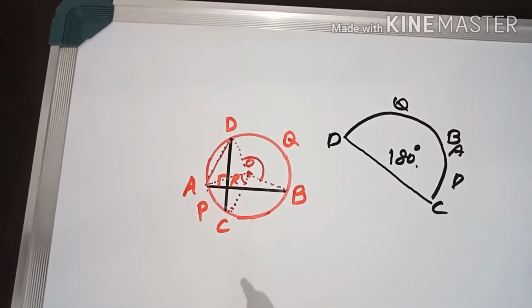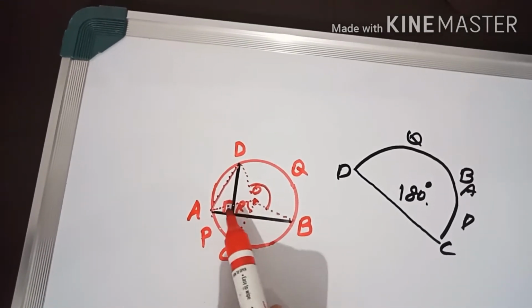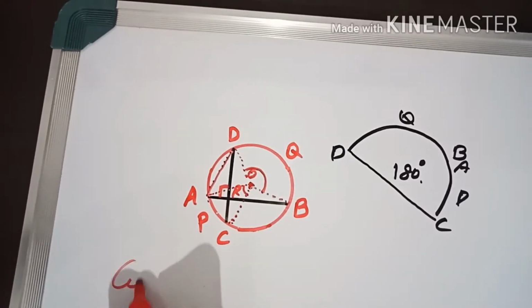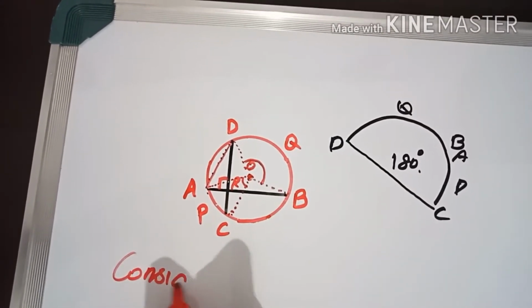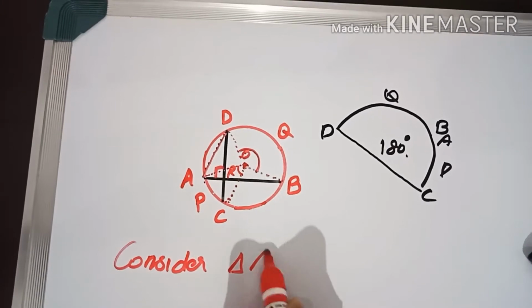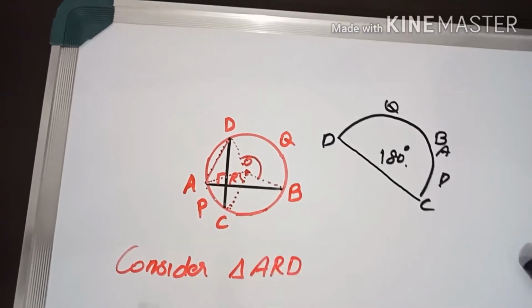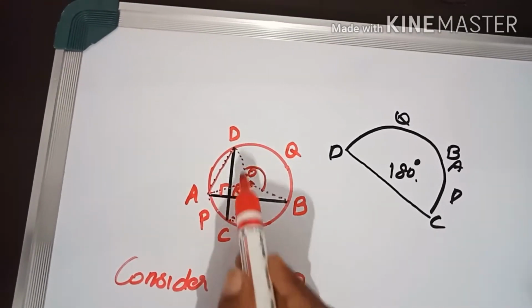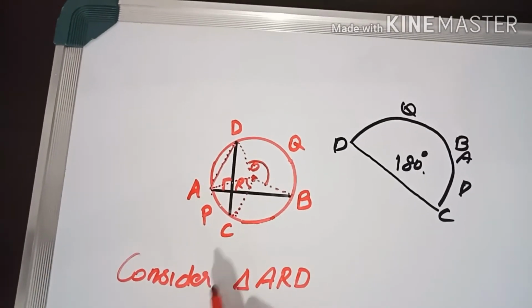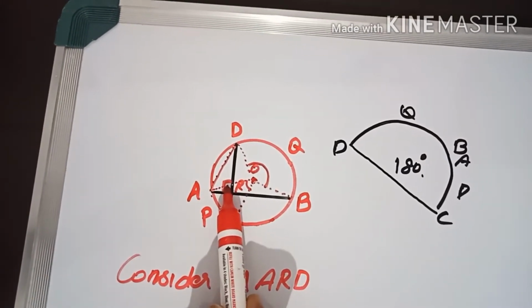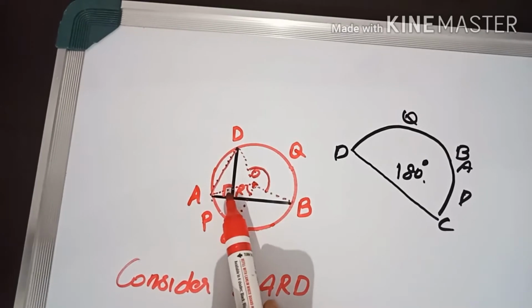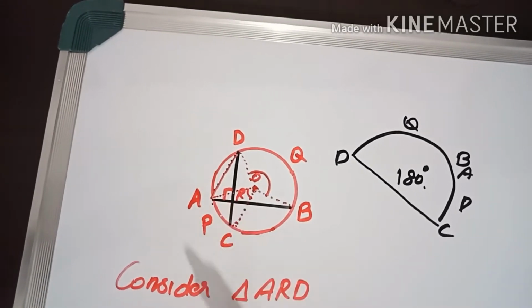Now check the triangle ARD. Consider triangle ARD. Here in this triangle ARD, you can see that this angle is 90 degree.